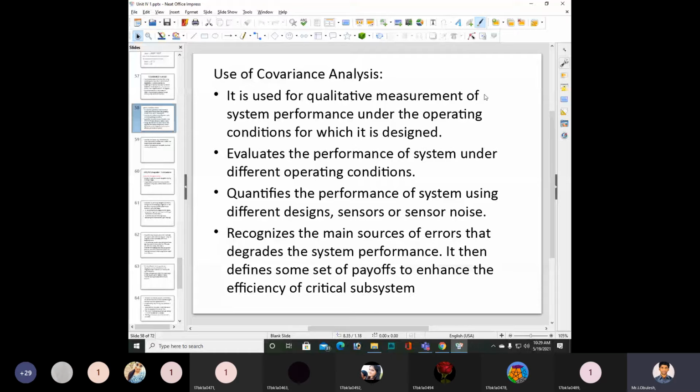It then defines some set of payoffs to enhance the efficiency of critical subsystems.